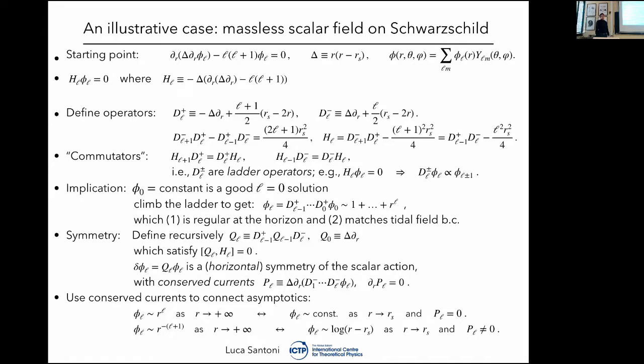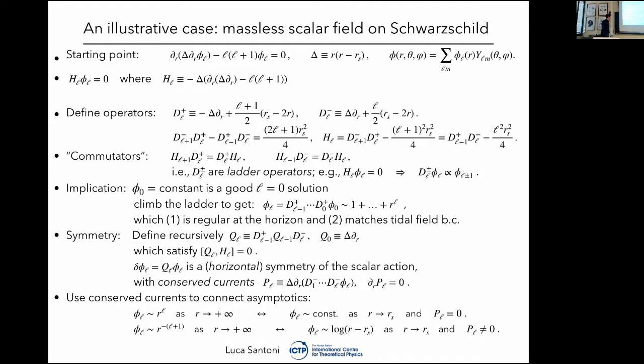Why is it useful? First, we call this horizontal symmetry, as opposed to this ladder symmetry, because this Q_L acts only at level L. But let me tell you why this is interesting. Well, because using this charge, you can automatically connect different behaviors at the different singular points, at the different boundaries.